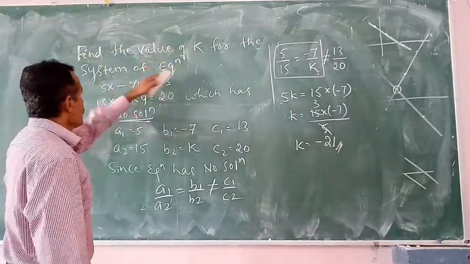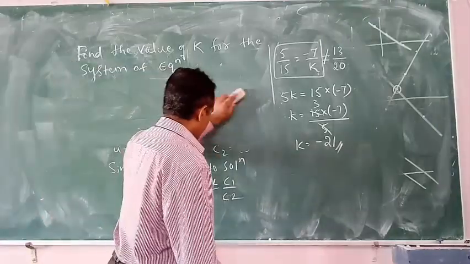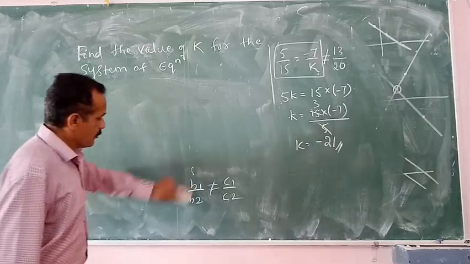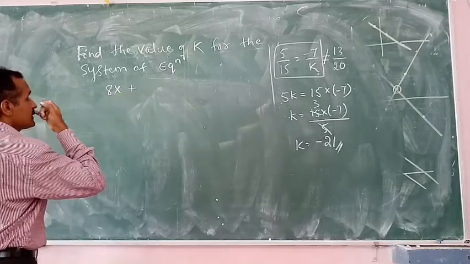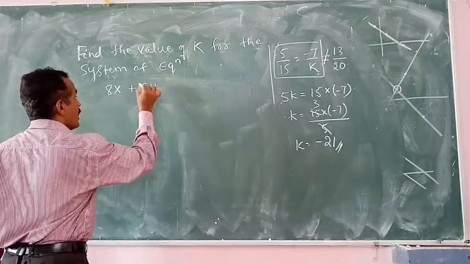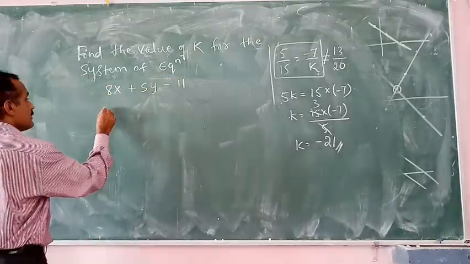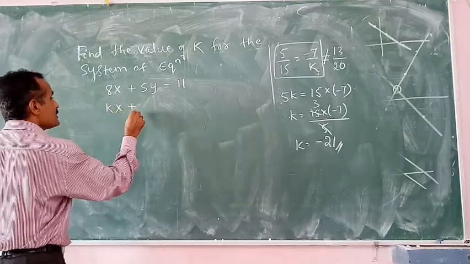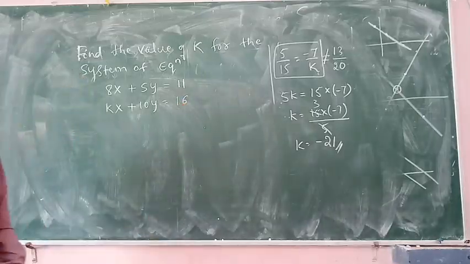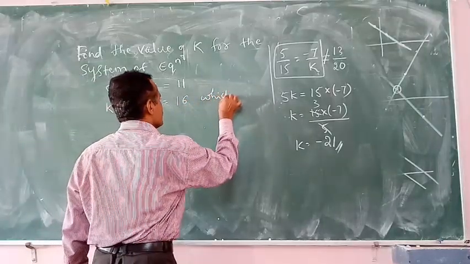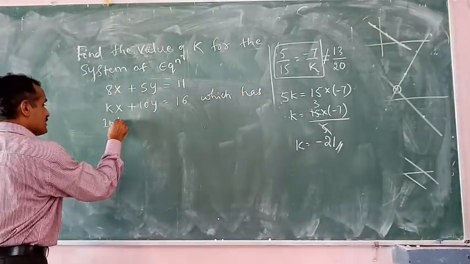Find the value of a for the system of equations 8x plus 5y is equal to 11, kx plus 10y is equal to 16, which has intersecting lines.